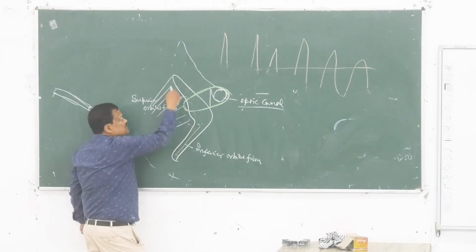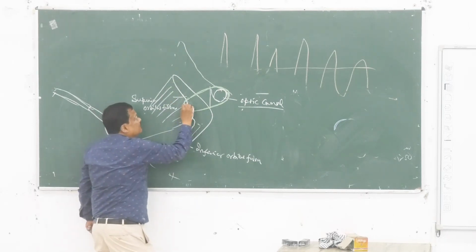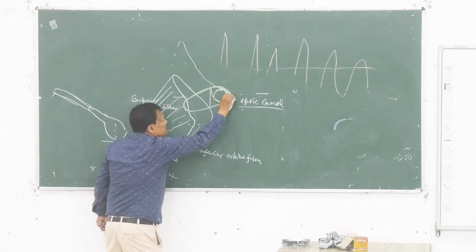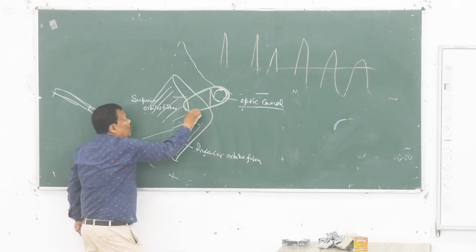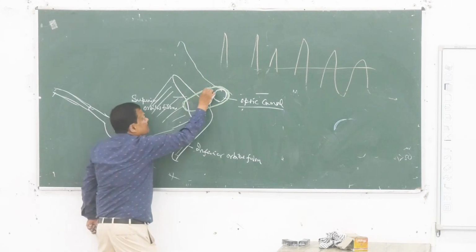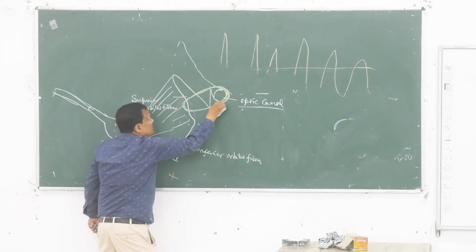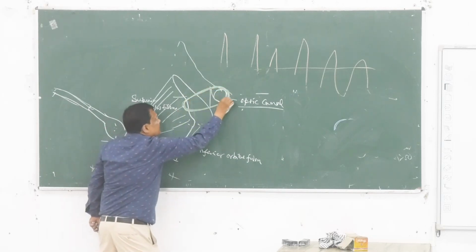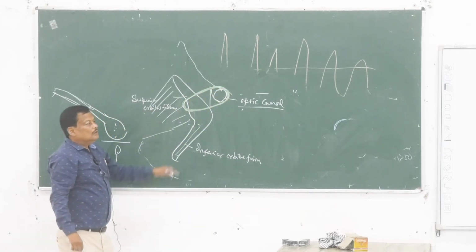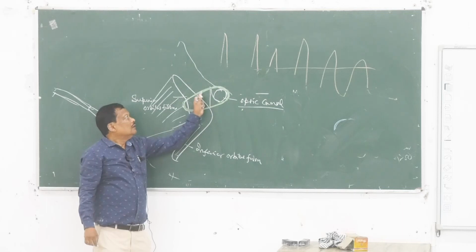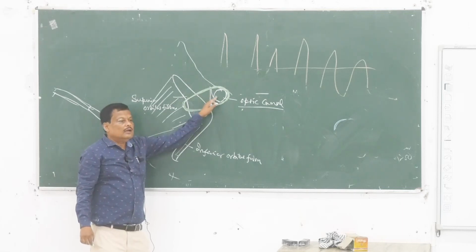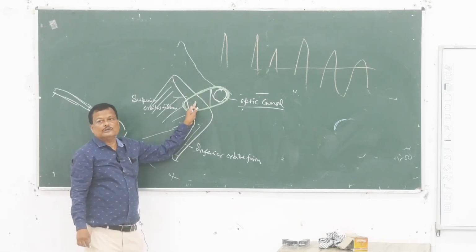Concerning this is the superior orbital fissure, and there is a tendinous ring which encloses the optic canal and the middle part of the superior orbital fissure, and is attached to the lesser wing. So the tendinous ring encloses the optic canal and the middle part of the superior orbital fissure.